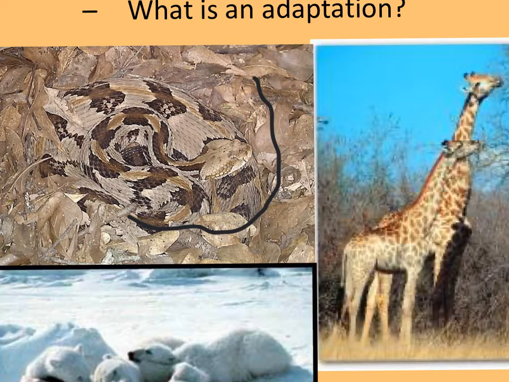If it was blue, it would stand out. Now, the snake is being able to hide, but not necessarily from other predators, which might happen. It's actually, in this case, hiding from prey. Prey come along, like a mouse, doesn't see this, blends into the background, gets eaten. Okay.